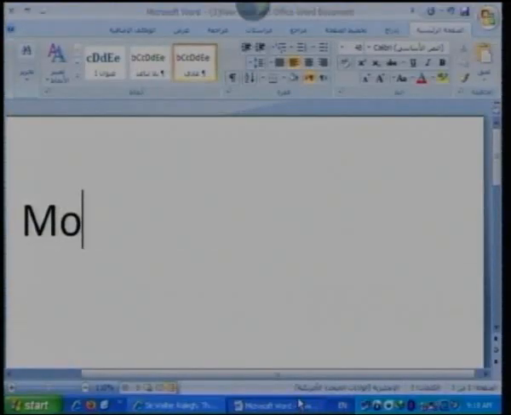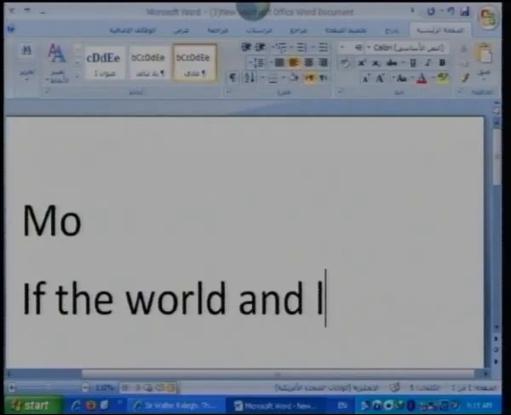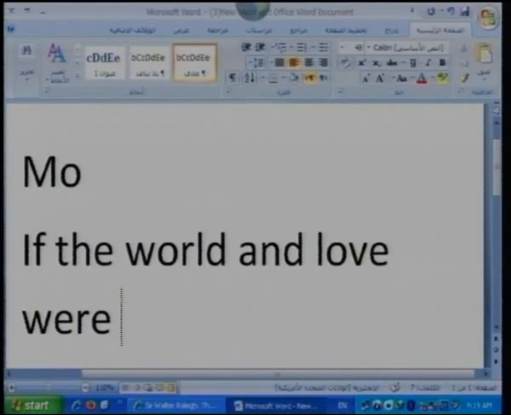If we take this line and scan it: if the world and love were enough.